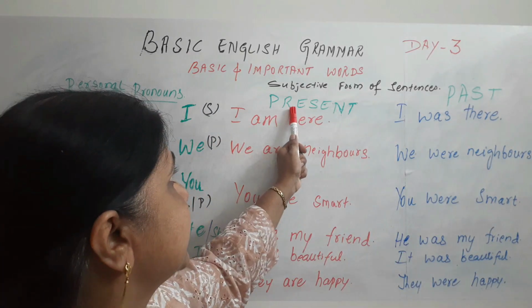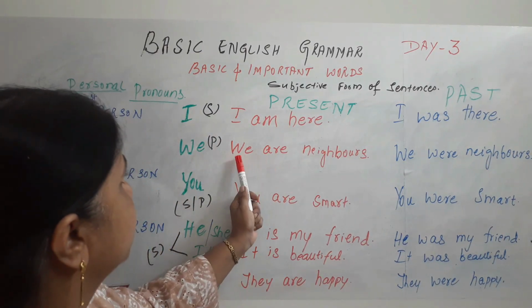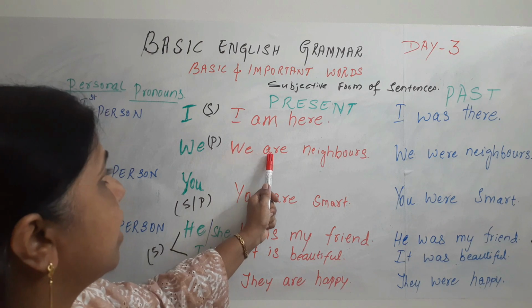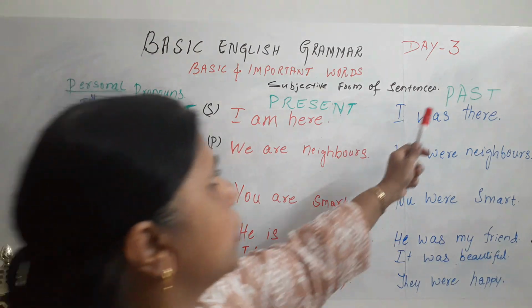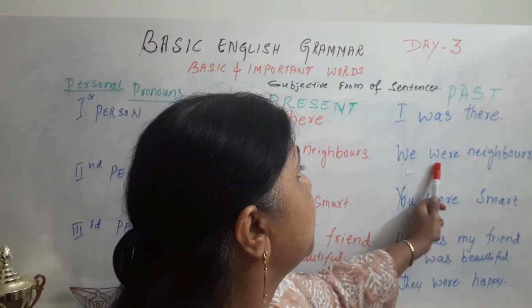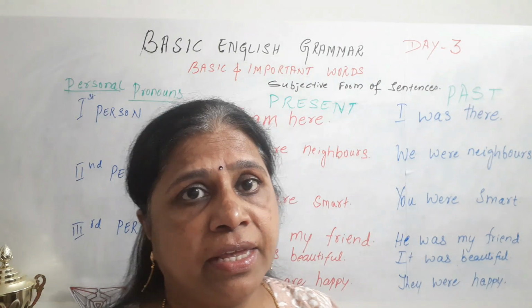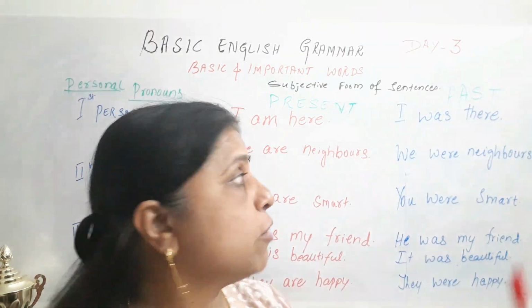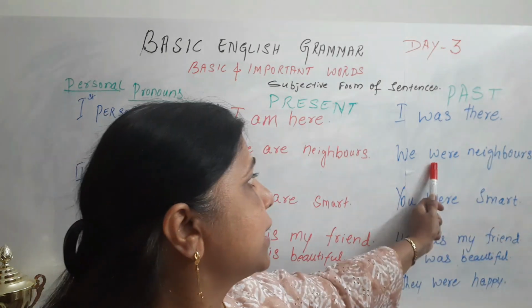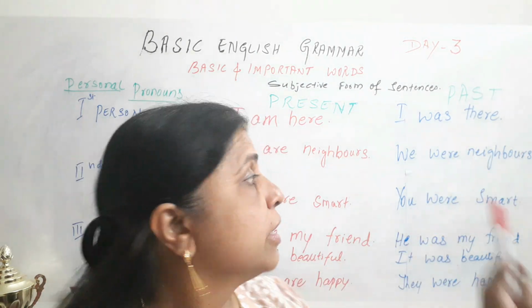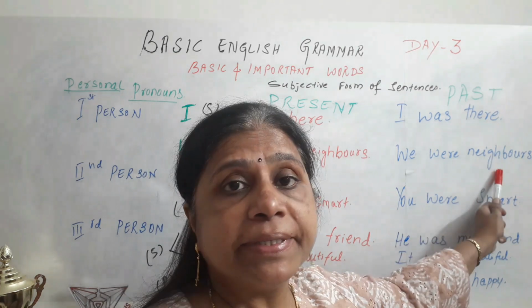This is for present tense. We use are along with we. We are. I am. We are. Right? Now for past tense, we use we were. In day 2, we have seen how to pronounce this. We should pronounce this as were. We were neighbors.